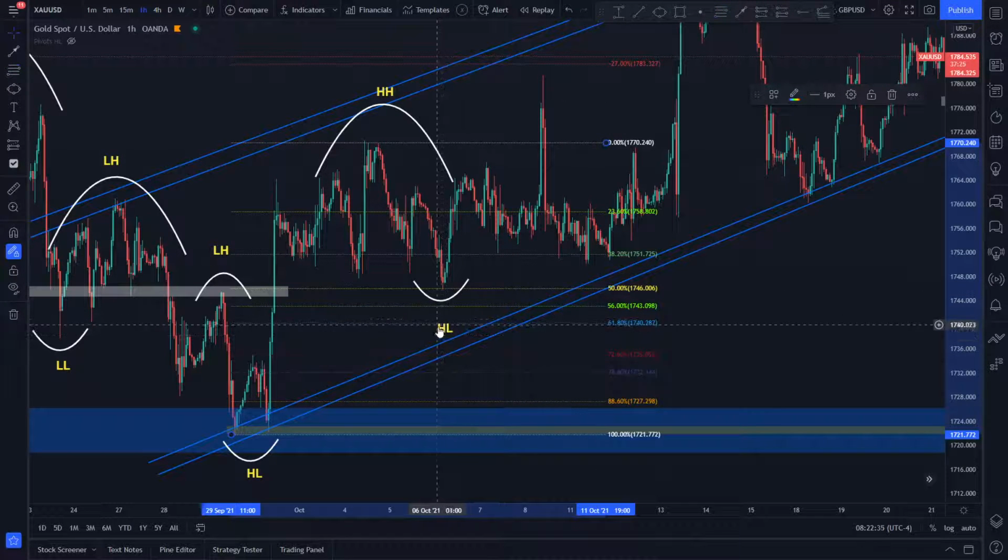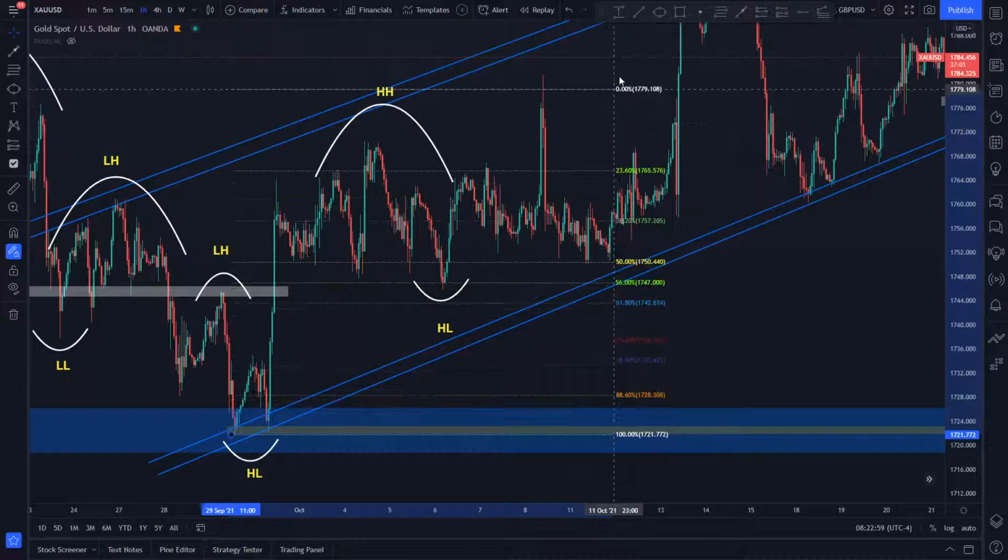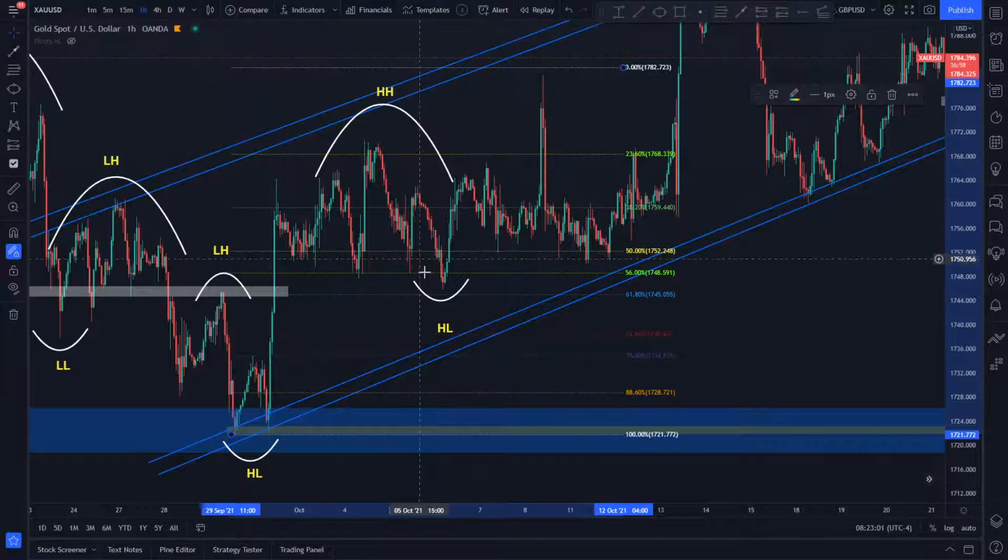If this is the high low at the 50% retracement, what do you think this has to be? What does this have to be if this is the high low? All you're doing is drawing the fibs from the high low, and then you keep extending it until the market retraces.